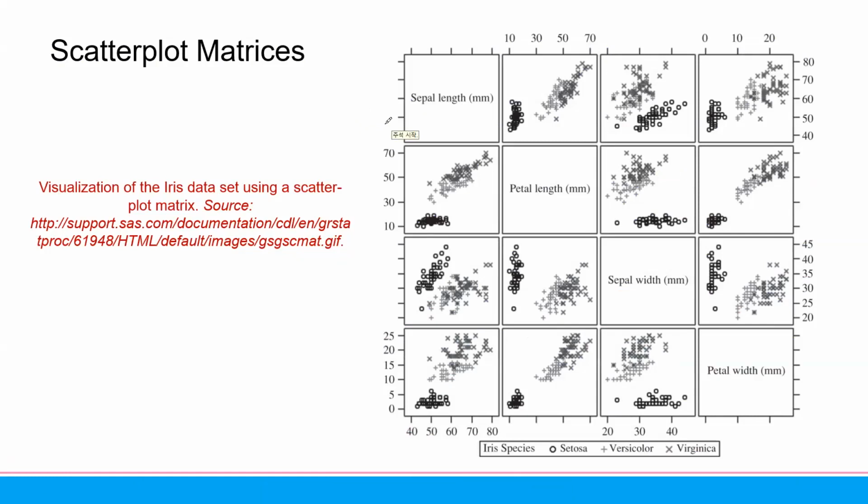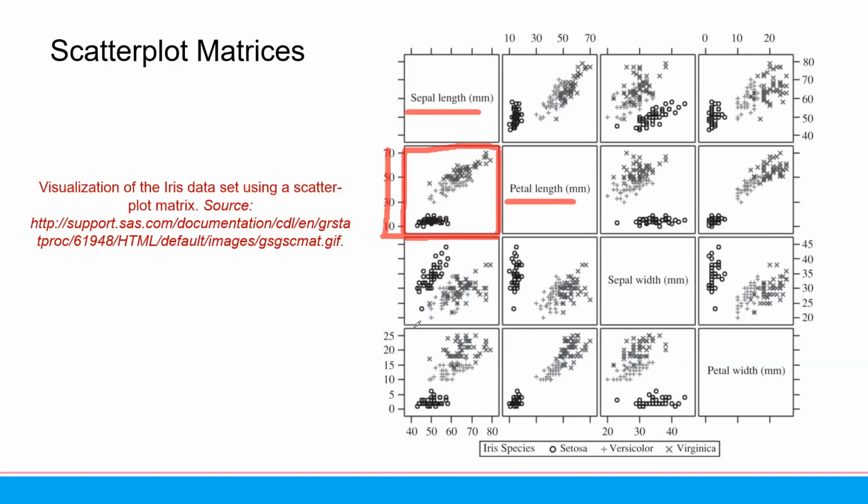How can we interpret this one? So this is the sepal length, and this is the petal length. So if we look at this box, it means we are understanding this X is the sepal length and this X is the petal length.